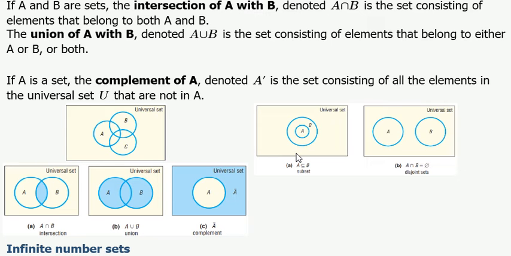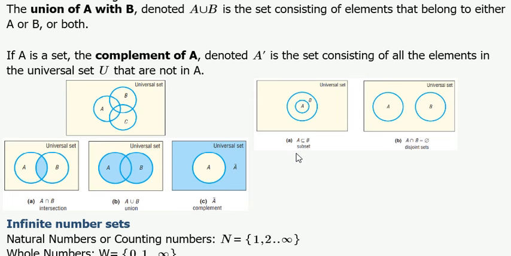Universal set, how it looks, and the intersection of three sets, the space around it, and the universal set, which shows A is a subset of B, and A intersection B is an empty set if these two, A and B, are disjoint.